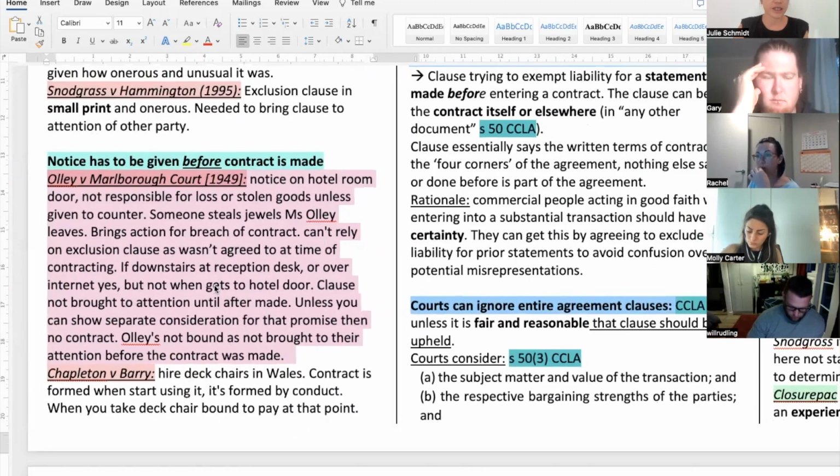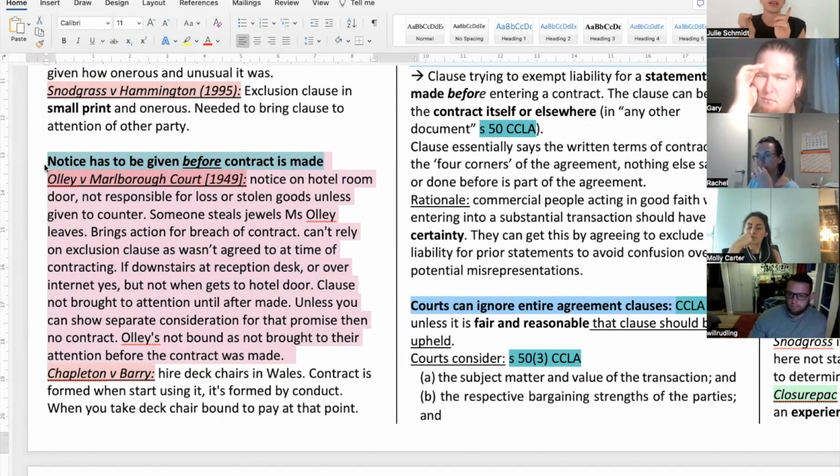And the hotel says, whoa, whoa, whoa, when you get to the door of the hotel, it says that we're not liable for anything that gets stolen. And this case said that exclusion clause doesn't apply because the contract was made at the reception desk.